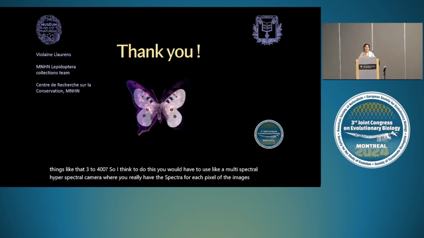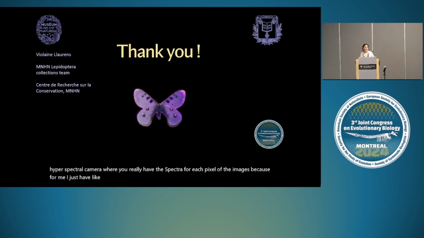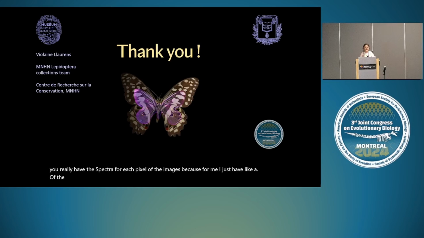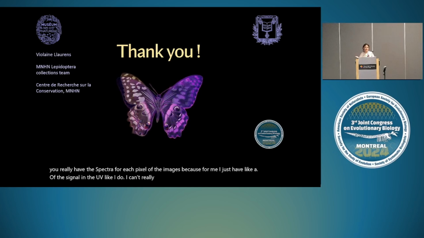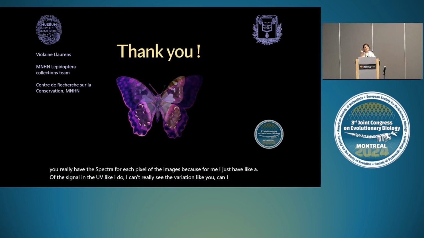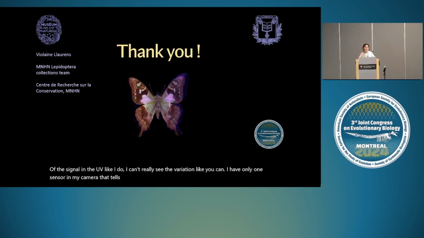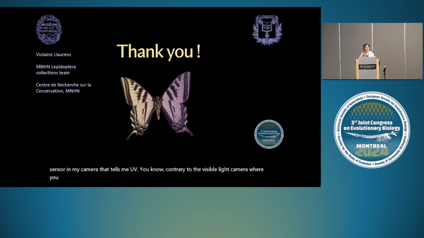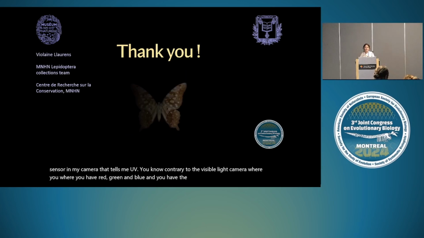Because for me, I just have a sum of the signal in the UV. I can't really see the variation. I have only one sensor in my camera that tells me UV, contrary to a visible light camera where you have red, green, and blue, and you have the different variation for each sensor.